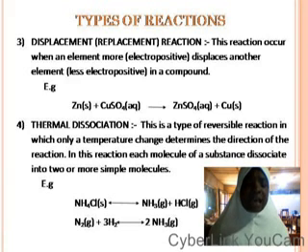Because hydrogen is lower than magnesium in the activity series. So magnesium is able to displace hydrogen. Now, those elements below hydrogen in the series cannot displace hydrogen, except those above hydrogen in the series. So that is that for that.